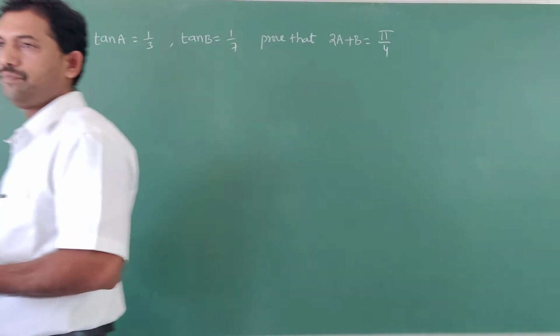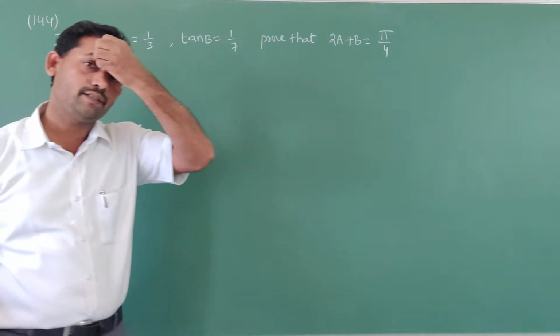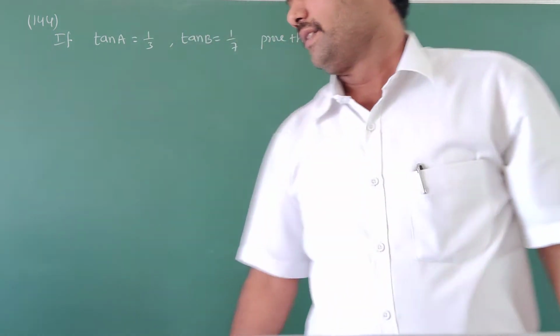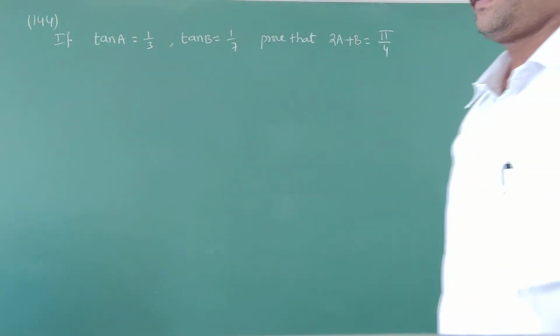We are going to prove that 2A plus B is equal to pi by 4.